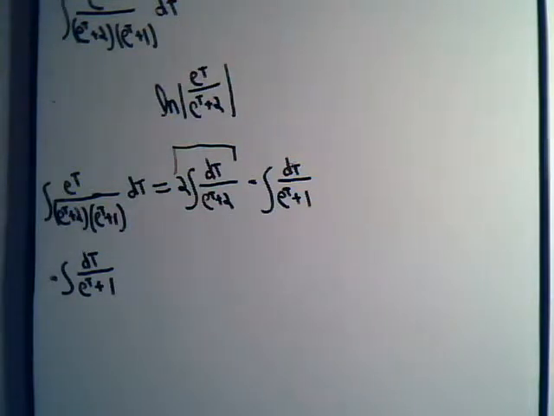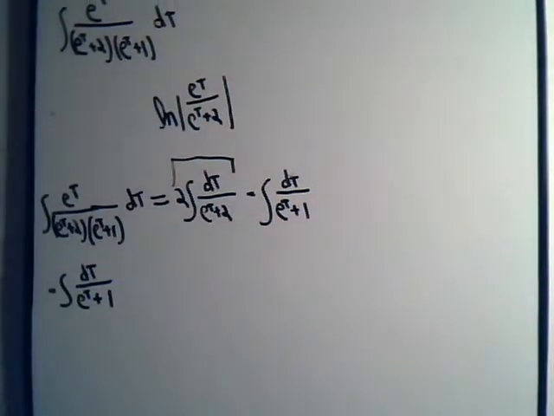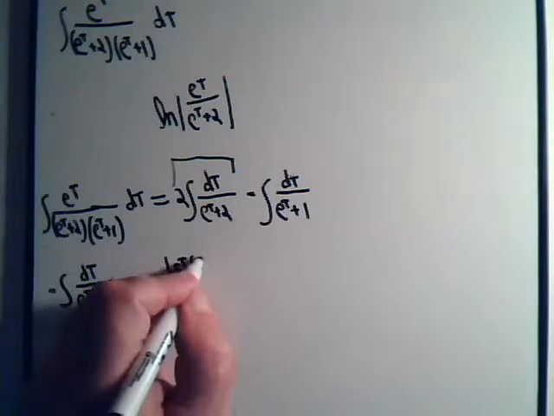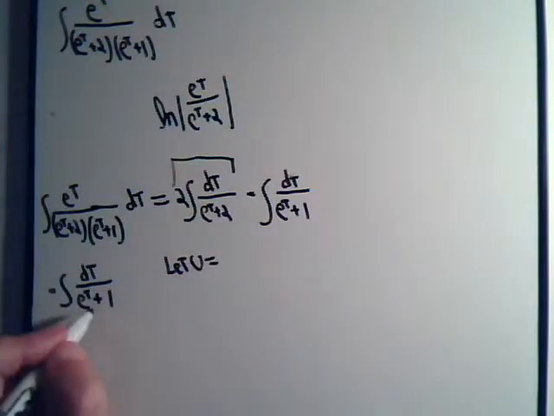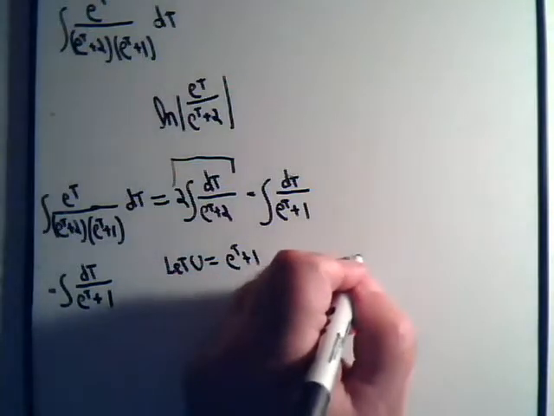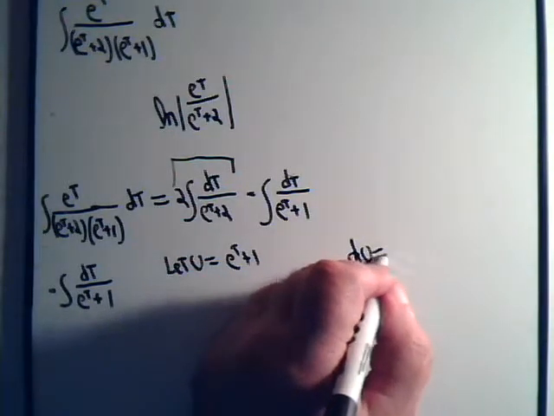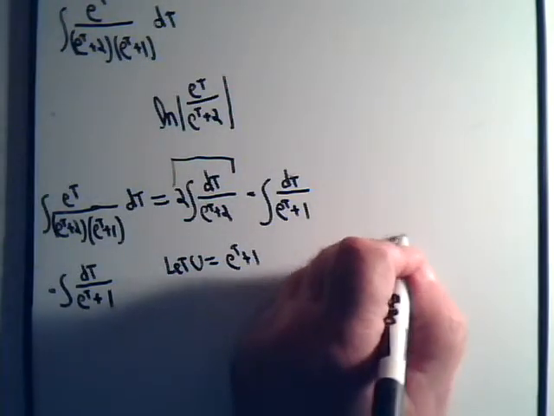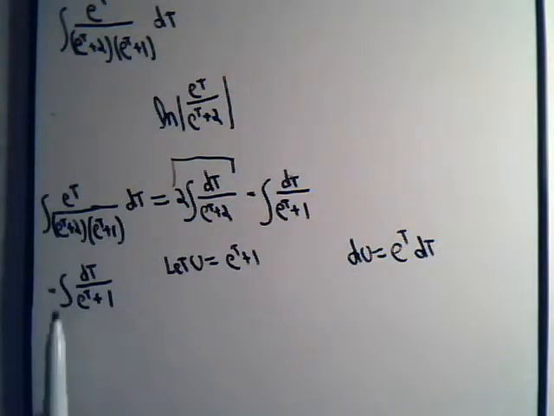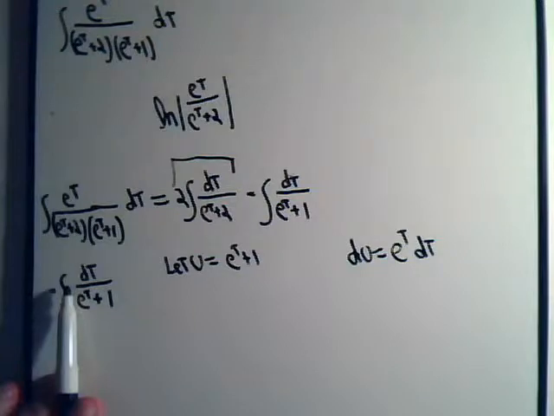And again, we try to handle this with a u-du type substitution. We say let u equal e to the t plus 1. du will equal e to the t dt. But there is no e to the t up here.